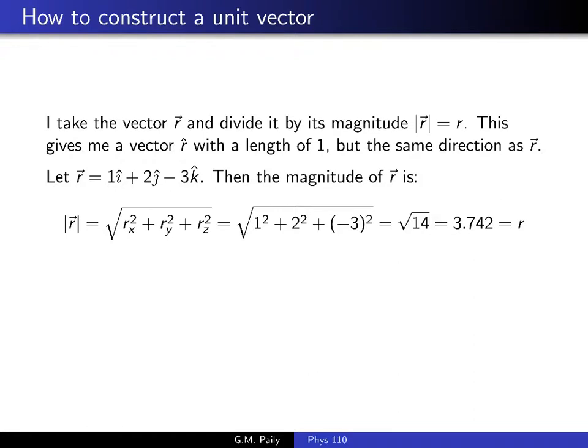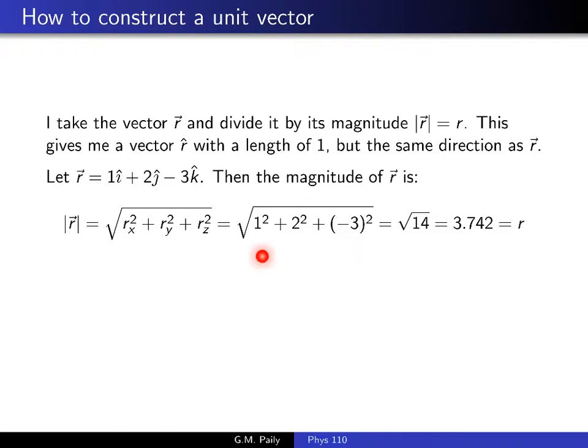Here's an example. Let r equal 1 i hat plus 2 j hat minus 3 k hat. How do we calculate the magnitude of r? We use the Pythagorean theorem. That is the square root of rx squared plus ry squared plus rz squared. Again, remember that even if there is a negative component, like the z component here, when you're squaring, the minus sign will go away.